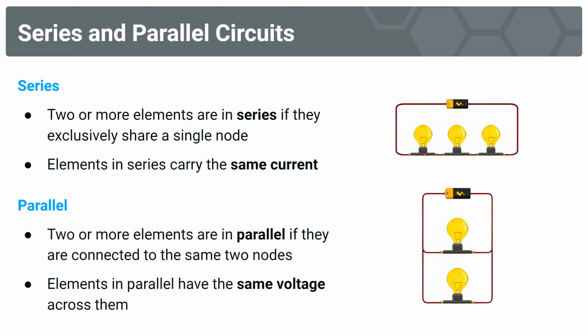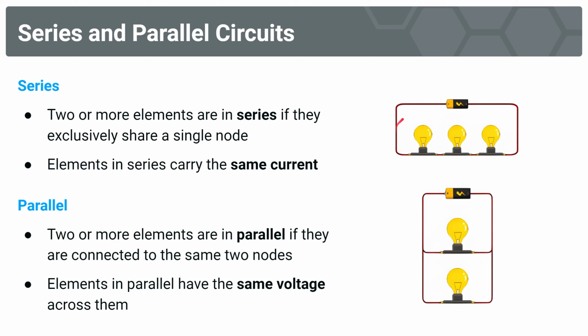We have 3 elements here, which are incandescent bulbs. Remember, elements are the same as branches. These elements are in series. Why? Because these 2 incandescent bulbs, the one here on the right, the one in the middle, share a node exclusively here. The one in the middle also shares a node exclusively with the incandescent bulb on the left.